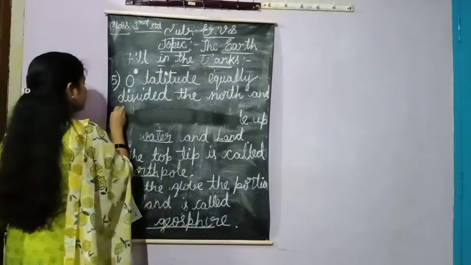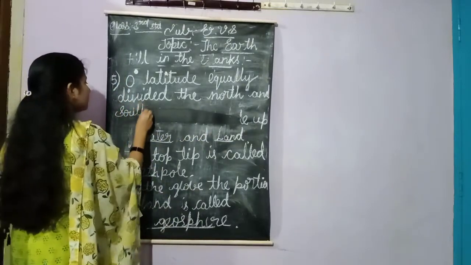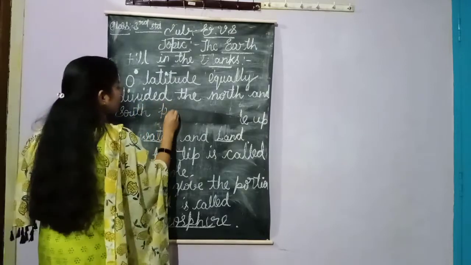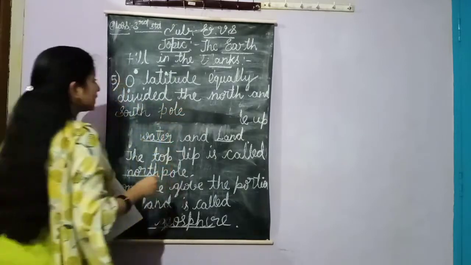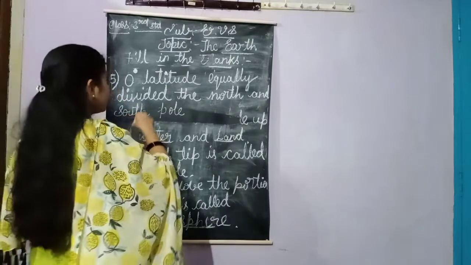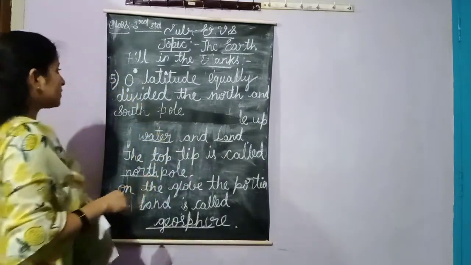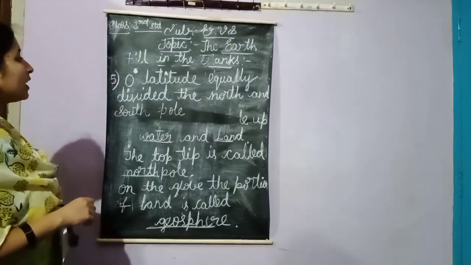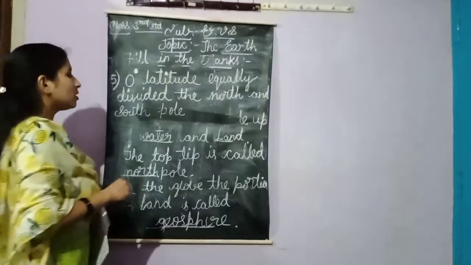The line is called 0 degree latitude equally divided the North and South Pole.